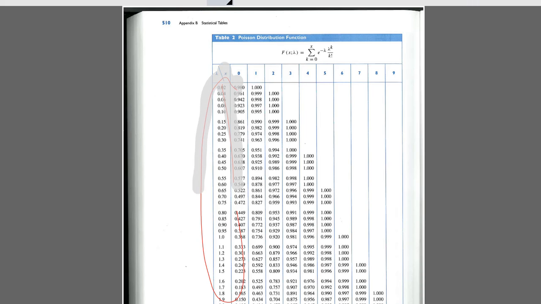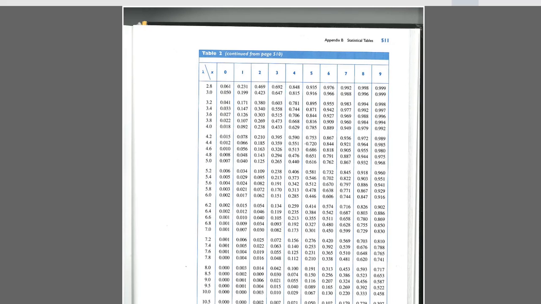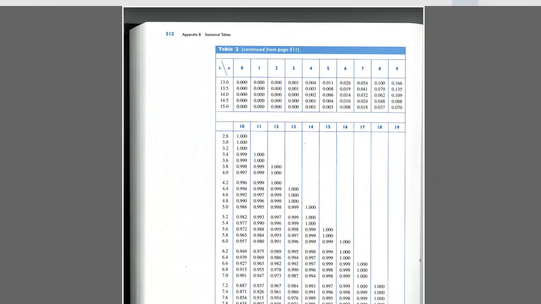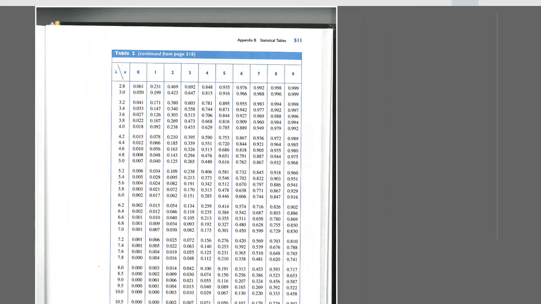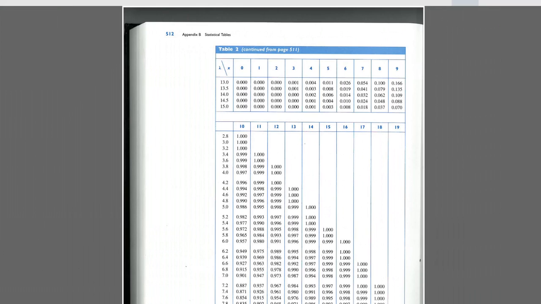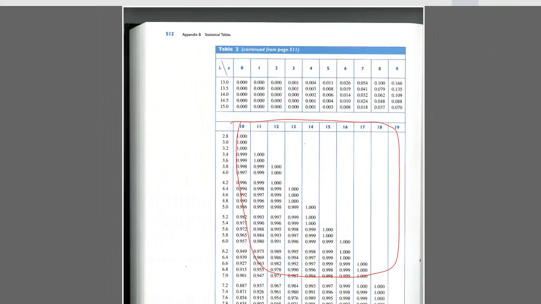And I want to mention this: as we increase the lambda values, the x values are also increasing. Notice that this page x only covers from 0 to 9, and on the next page you can see x covers greater than 9. Okay, so it's one table, but it splits into 2 pages.